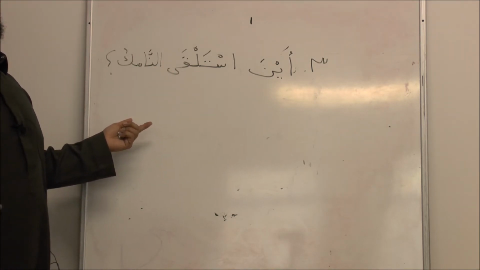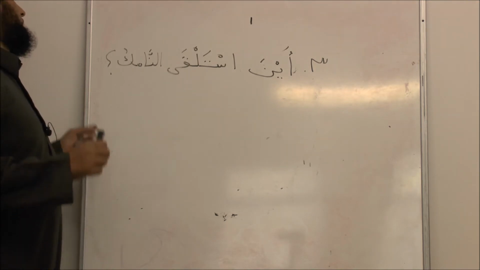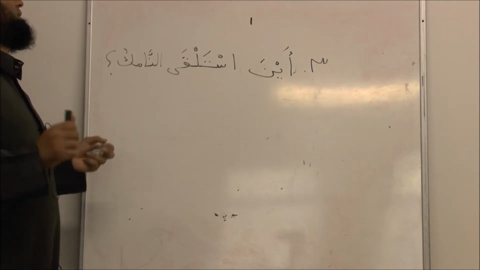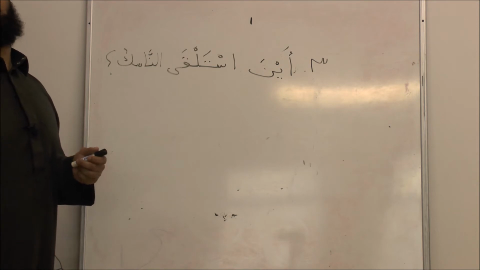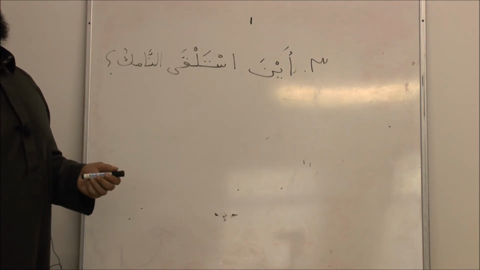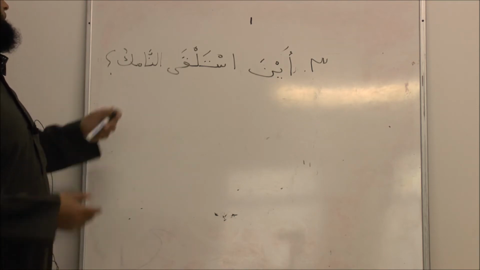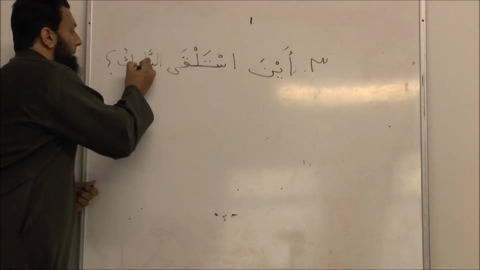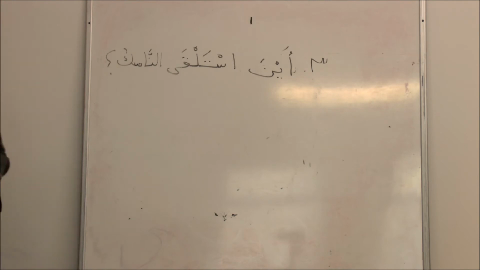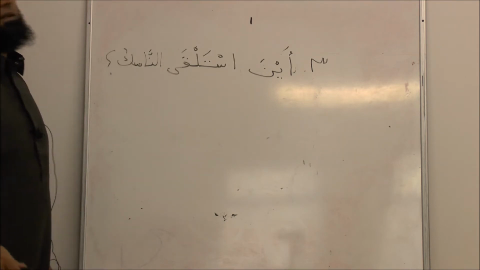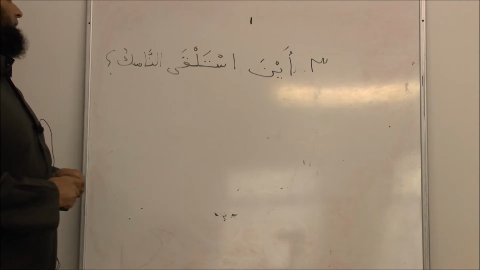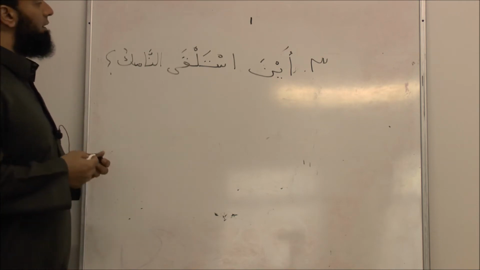Where did the nasik lie down? أين means where, استلقى means he lay down, resting. الناسك is the doer, and the doer is always marfu'un.